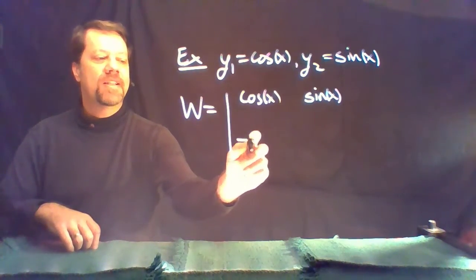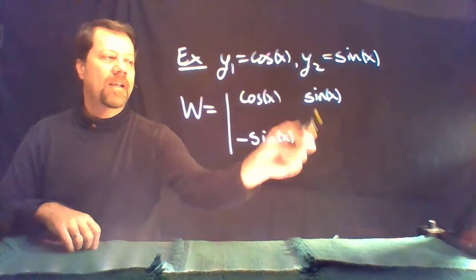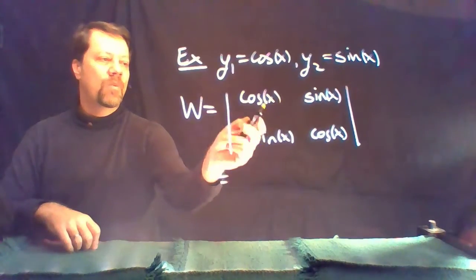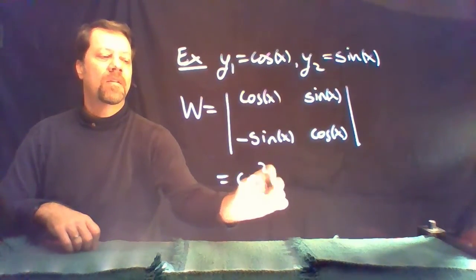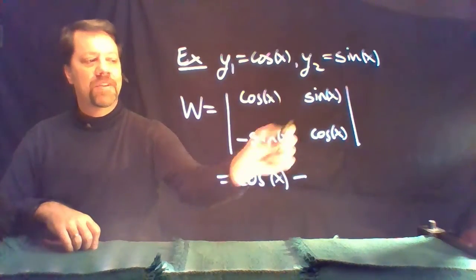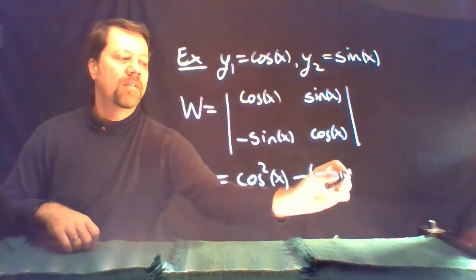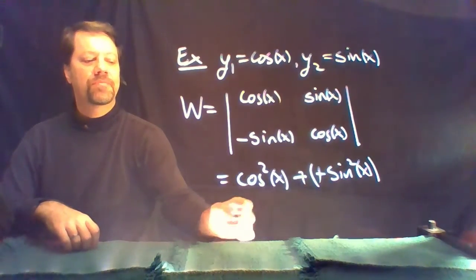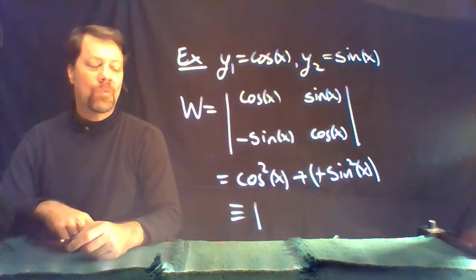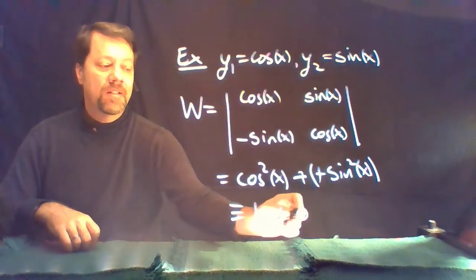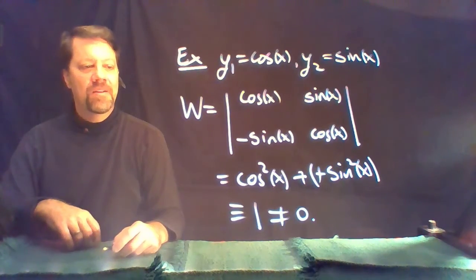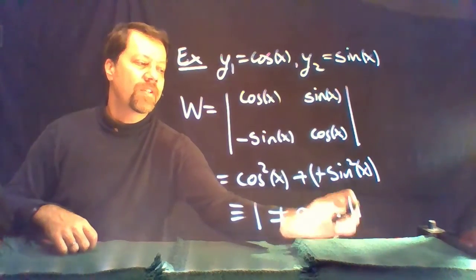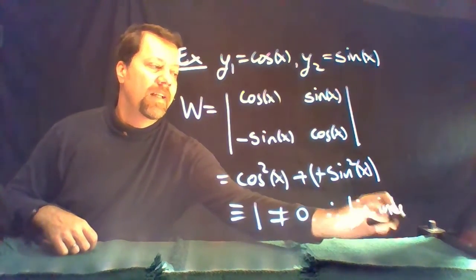The derivative of cosine is negative sine of x, and the derivative of sine is cosine of x. When we multiply this way, we get cosine squared of x, but we have to subtract the product this way. When you subtract the negative, you get a positive, and what we end up with is identically 1, and in particular, never 0. Since the Wronskian is never 0, we deduce that these functions are linearly independent.